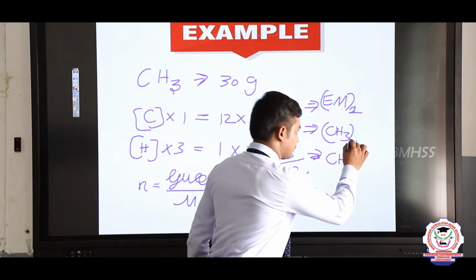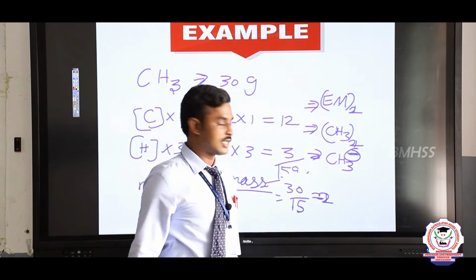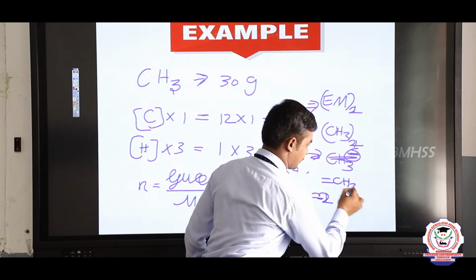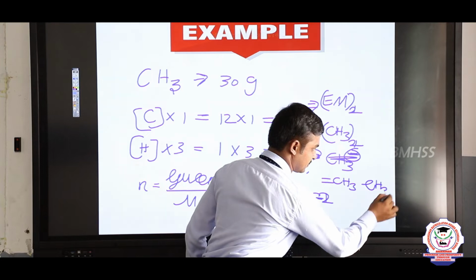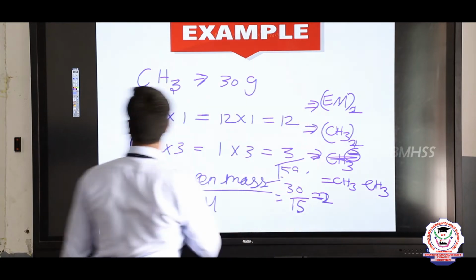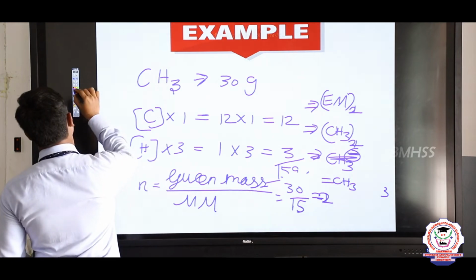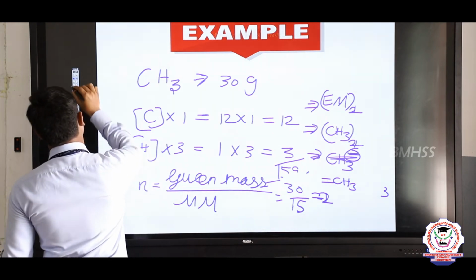CH3, when written 2 times, gives CH3 and another CH3. So it is the compound ethane.